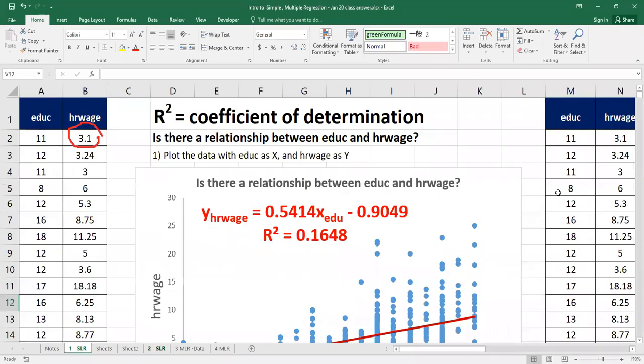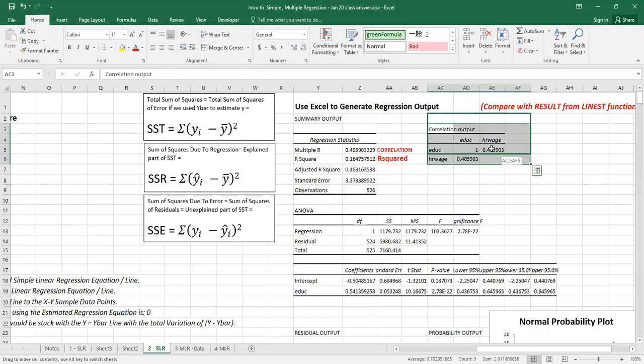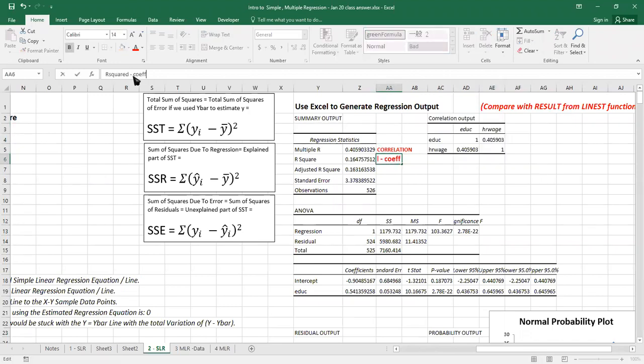Or that's your what? What's the name of that, guys? Do you remember the name? What name did we give it? What is the name of R squared? You recall? R squared is your coefficient of determination.